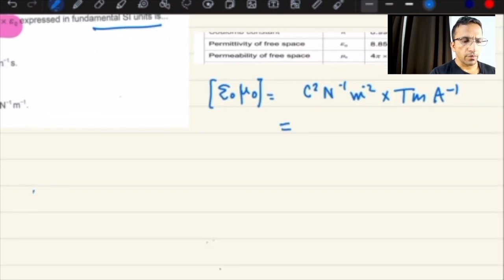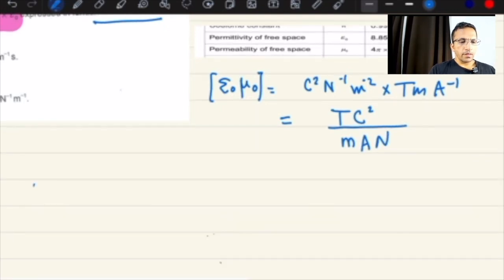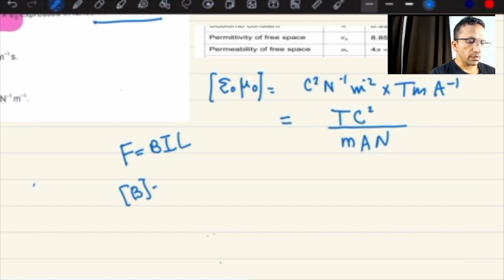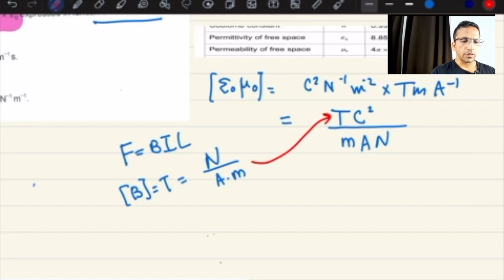So I will put tesla and C squared and others as m, ampere and newton. But if you think about tesla, let's use the equation F equals BIL to get the unit of B, which is called tesla, actually newton per ampere meter.